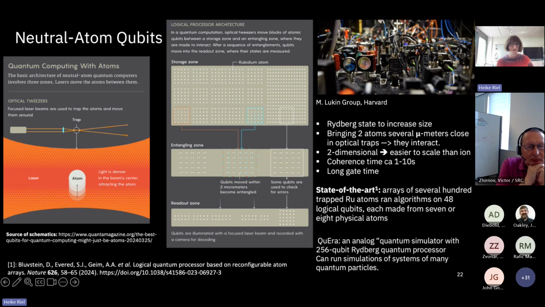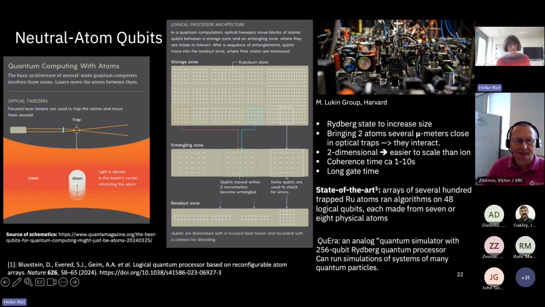In order to do that, you create a large Rydberg state, which is a larger atom. And then you can bring them close together, in the range of about a few micrometers, and then you can create an entangled state by their interaction.